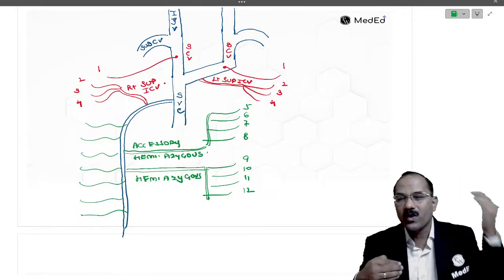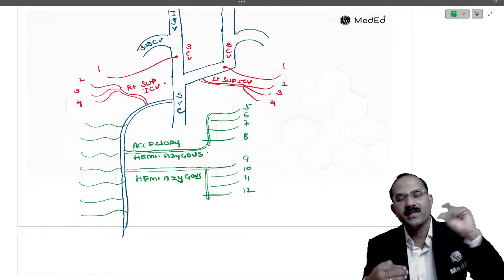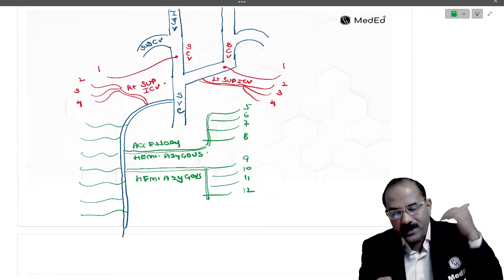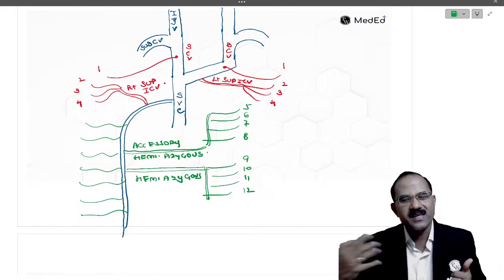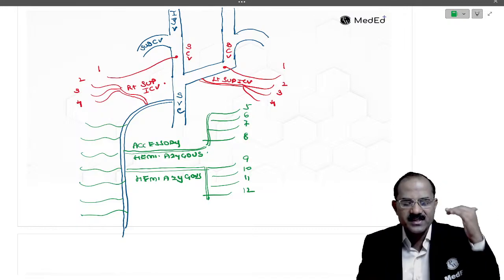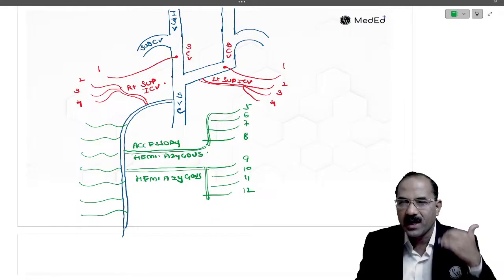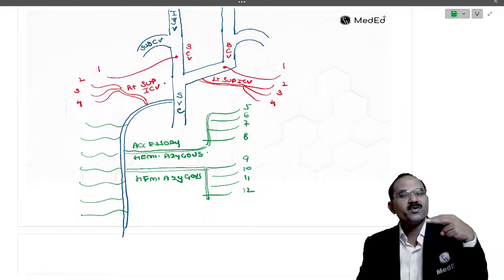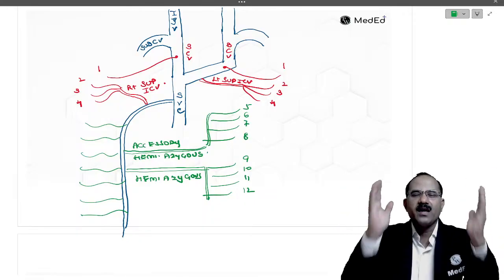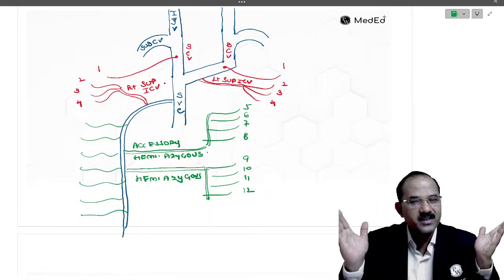Second, third and fourth on the left side join to form the left superior intercostal vein, which drains into left brachiocephalic vein. The veins on the right side drain into azygos. On the left side, 5, 6, 7, 8 join to form the accessory hemiazygos. 9, 10, 11, 12 join to form the hemiazygos. Both of these drain into azygos vein. Perfect.